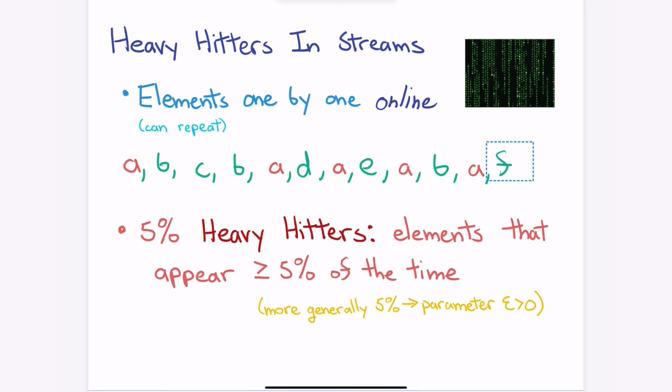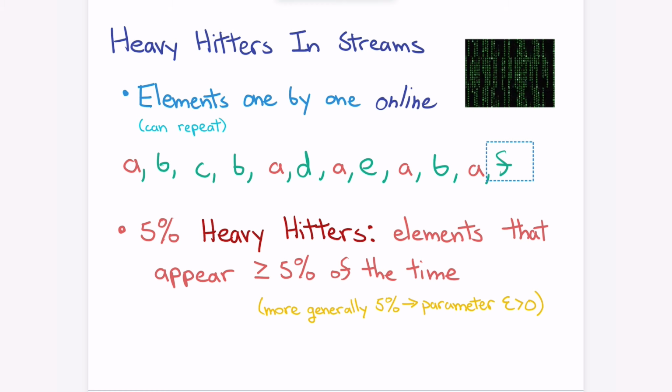And we'll say that an element is a 5% heavy hitter, 5% chosen arbitrarily, if it appears at least 5% of the time. We're going to replace this with some parameter epsilon. Google might be interested in epsilon like 0.0001. Our goal is to identify all of the elements that occur beyond a certain threshold in the stream.